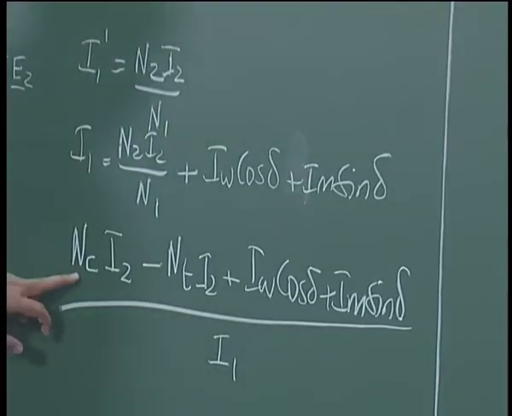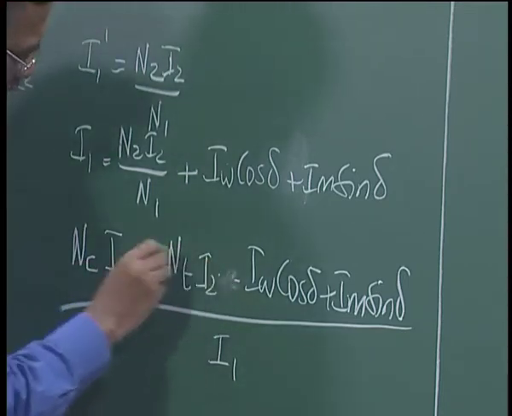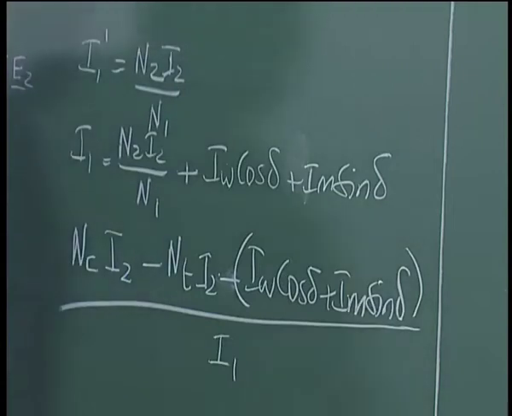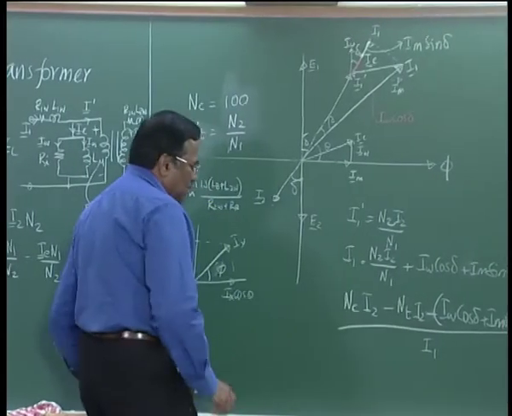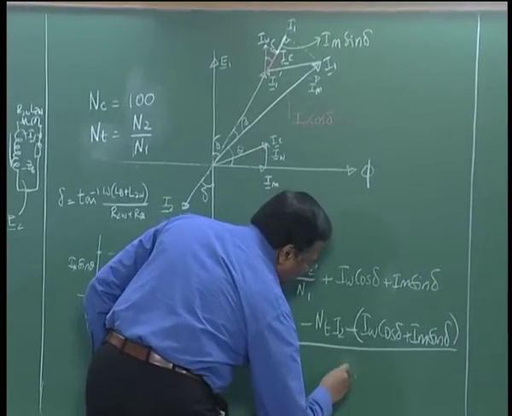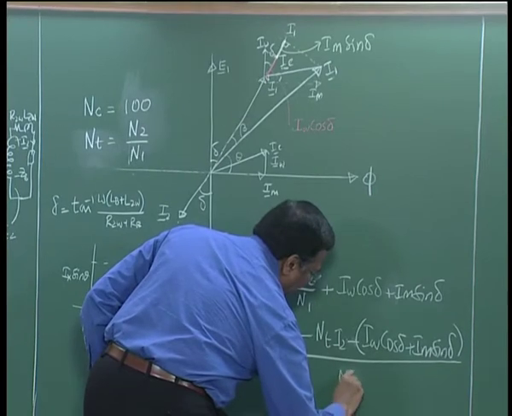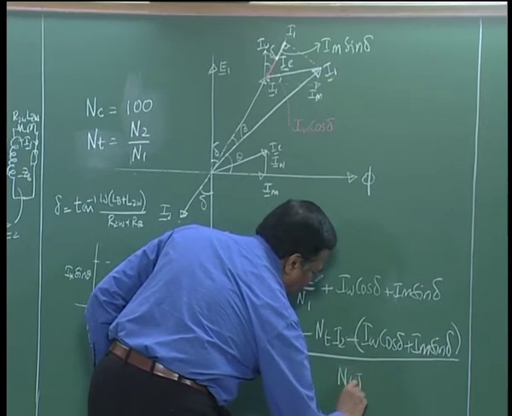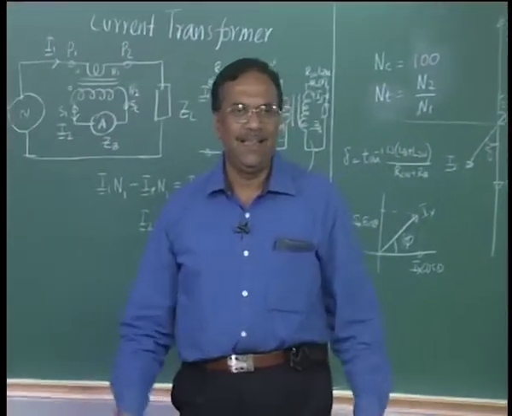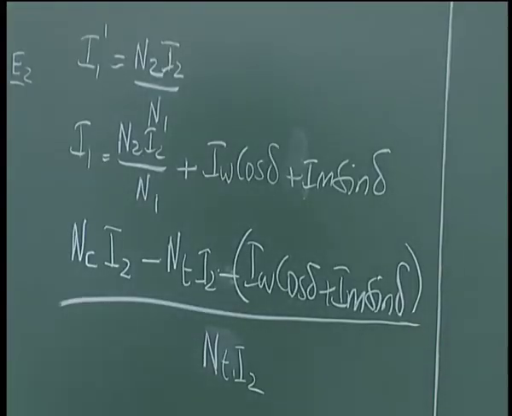Now, I minus here, this will be minus of, is that right? Okay. Now, I1 I am going to approximate it as NT times I2 or NC times I2, because error will be rather small, right.